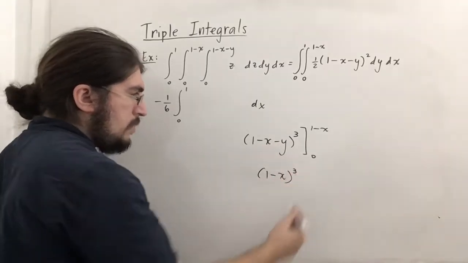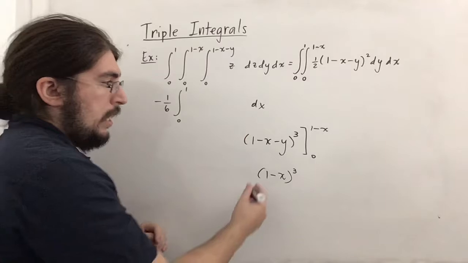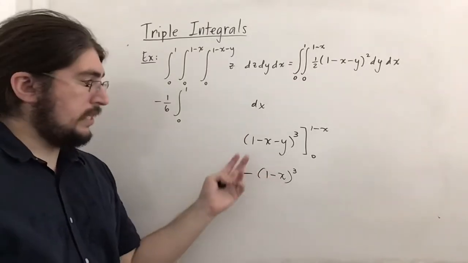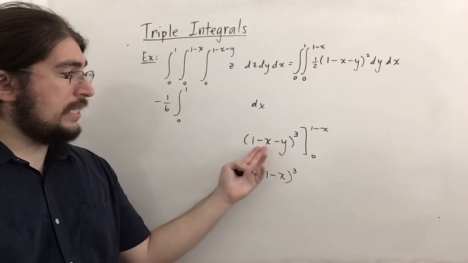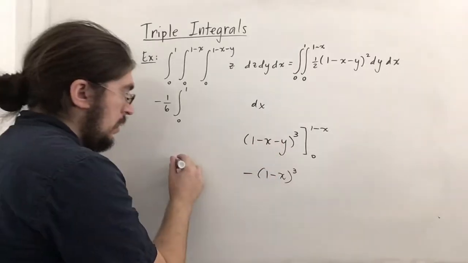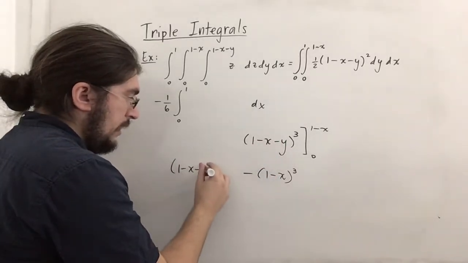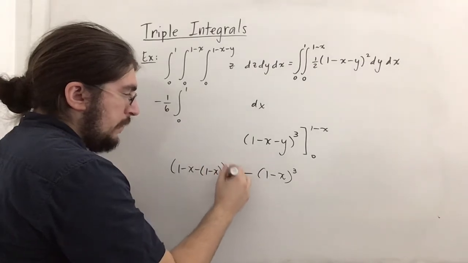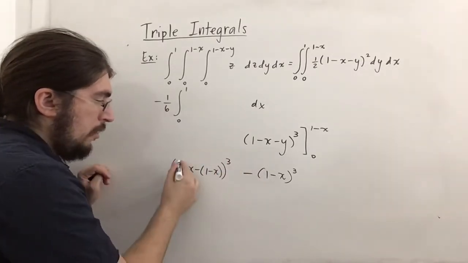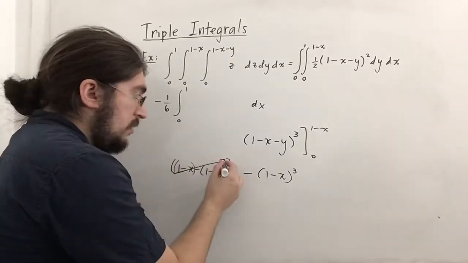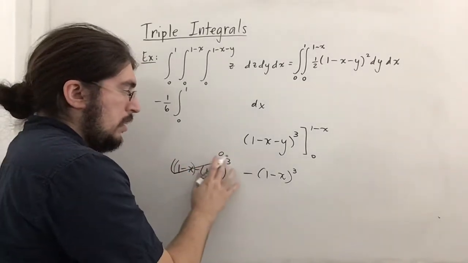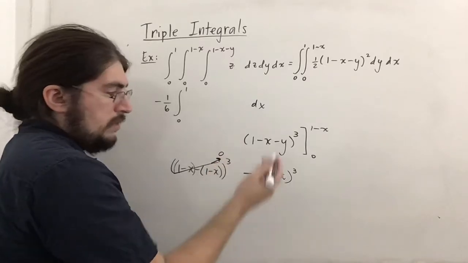But notice, that's the second part of the evaluation. When we plug in 1 minus x, we get 1 minus x minus the quantity 1 minus x, all cubed. Remember, this is 1 minus x minus itself, so this first part zeroes out, and 0 cubed is 0.